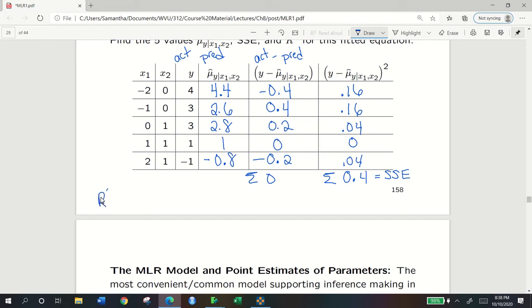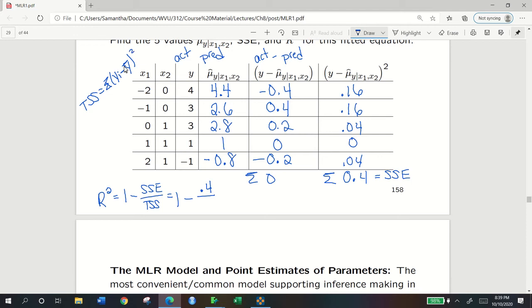And so now using this, we can calculate our R squared. We may recall R squared is equal to 1 minus SSE over TSS. We just calculated our SSE as 0.4. And we remember that TSS isn't dependent on our equation. It is the summation of our individual y's minus the average y, quantity squared.